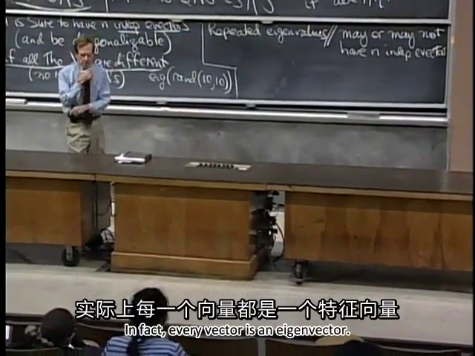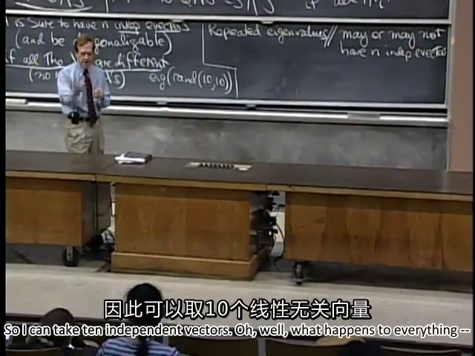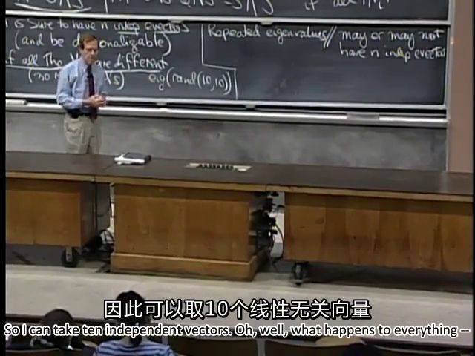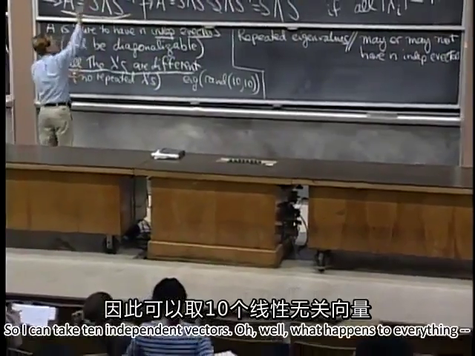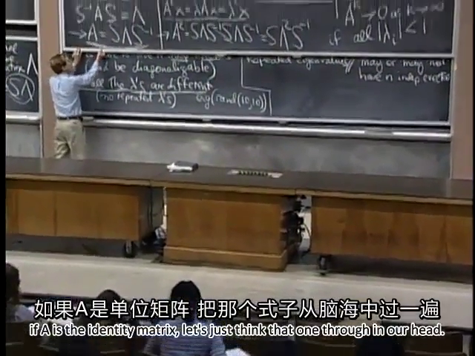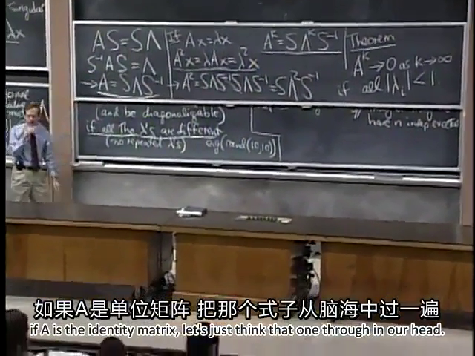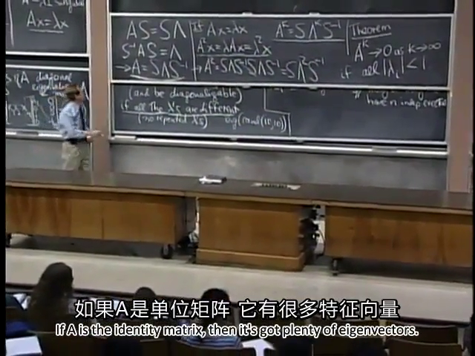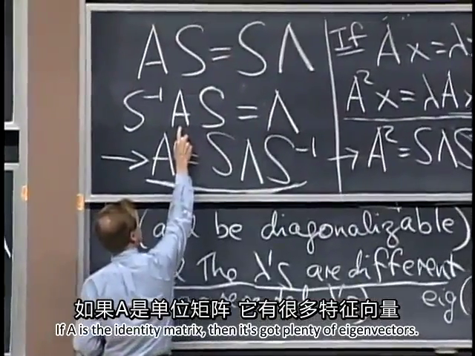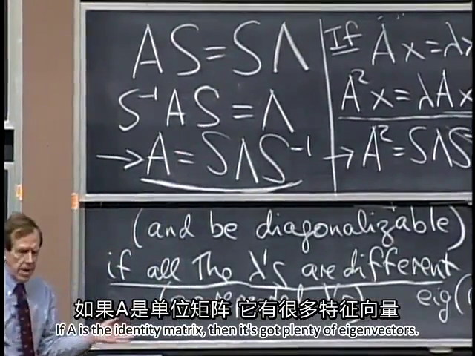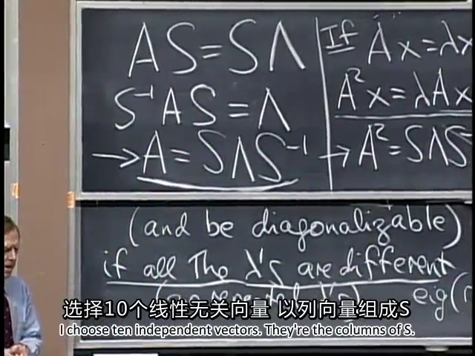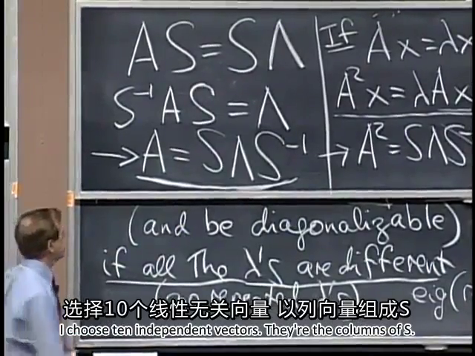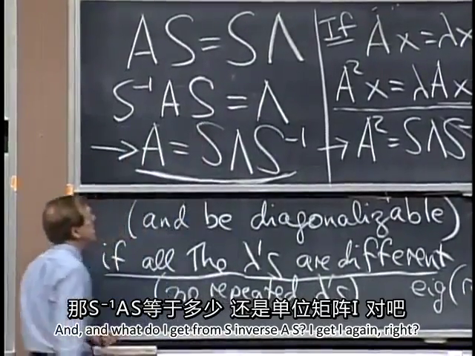In fact, every vector is an eigenvector. So I can take 10 independent vectors. Oh, well, what happens to everything? If A is the identity matrix, let's just think that one through in our head. If A is the identity matrix, then it's got plenty of eigenvectors. I choose 10 independent vectors. They're the columns of S. And what do I get from S inverse AS?